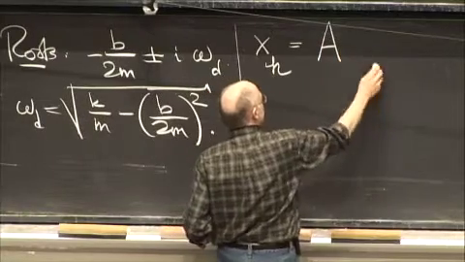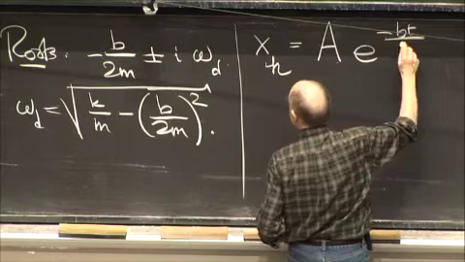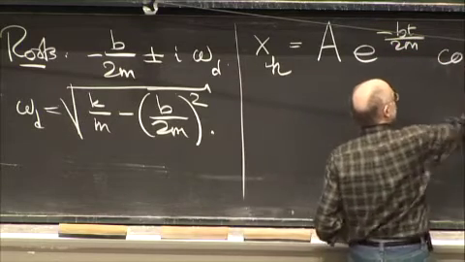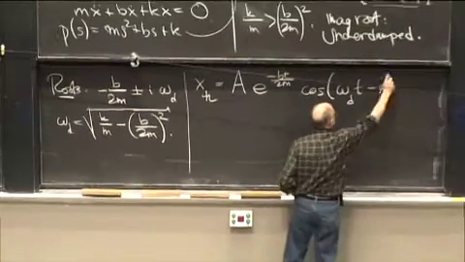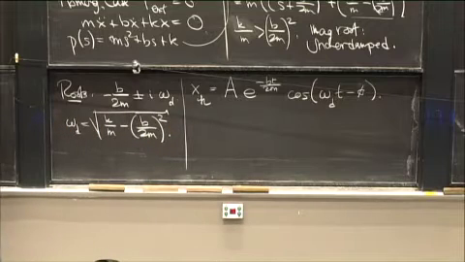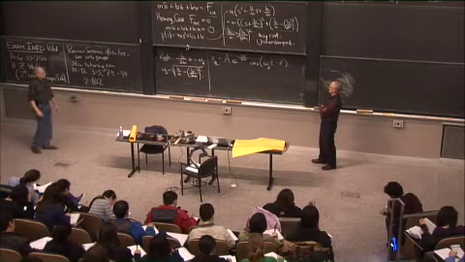So there's some amplitude, and then there's an exponential decay term, e to the minus bt over 2m. And then there's this vibratory term, cosine of omega d t minus phi. So this is the way we handle this. This is the general solution to this underdamped homogeneous equation. So does this look familiar?